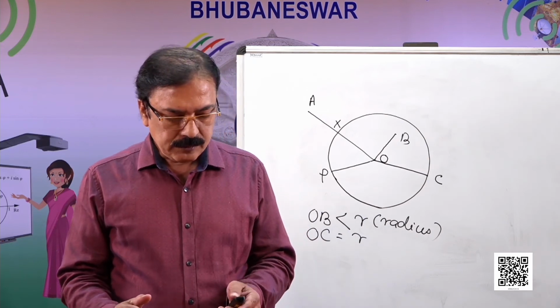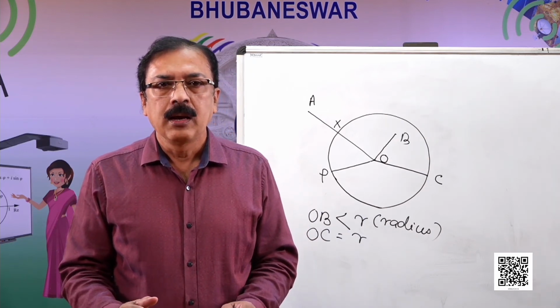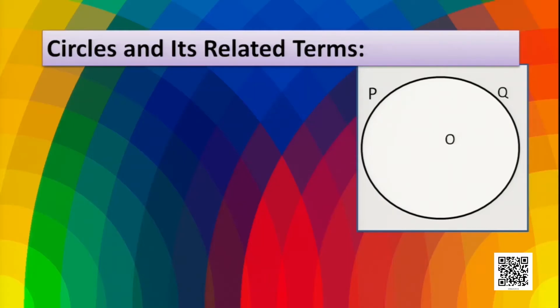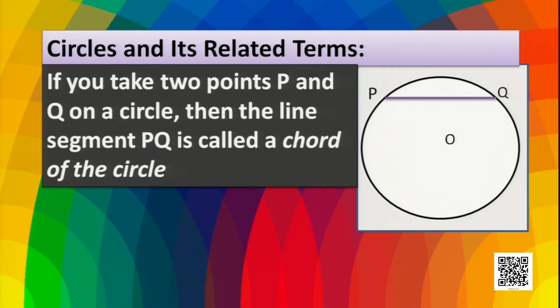Now let's take 2 points on the circle, P and Q. You see, if you take 2 points P and Q on the circle, then the line segment PQ is called a chord of the circle. Okay?